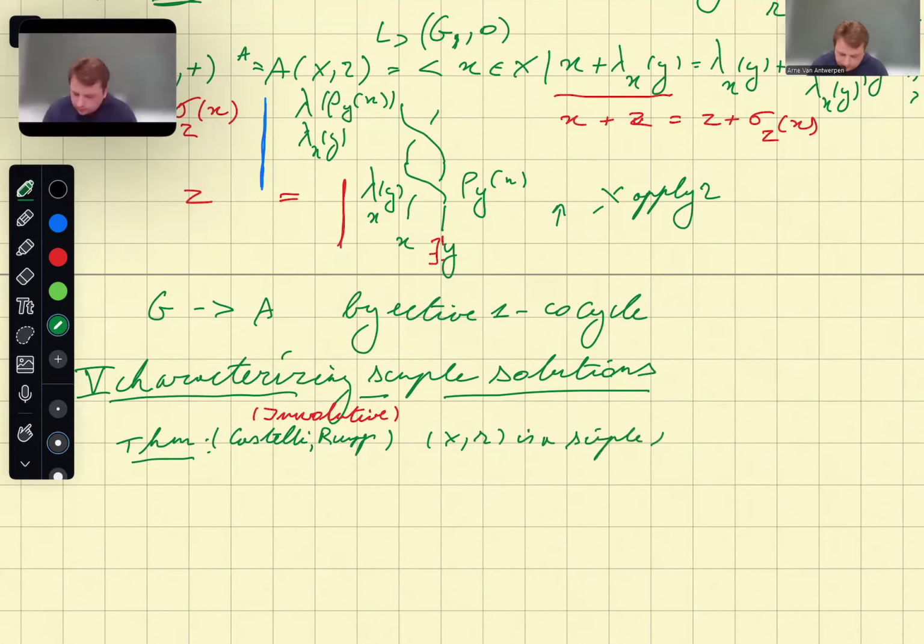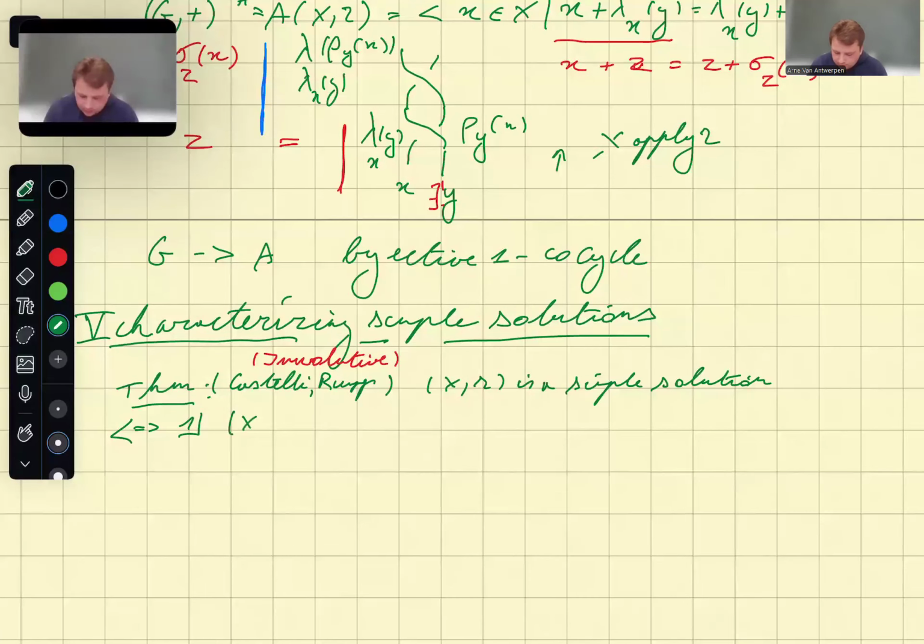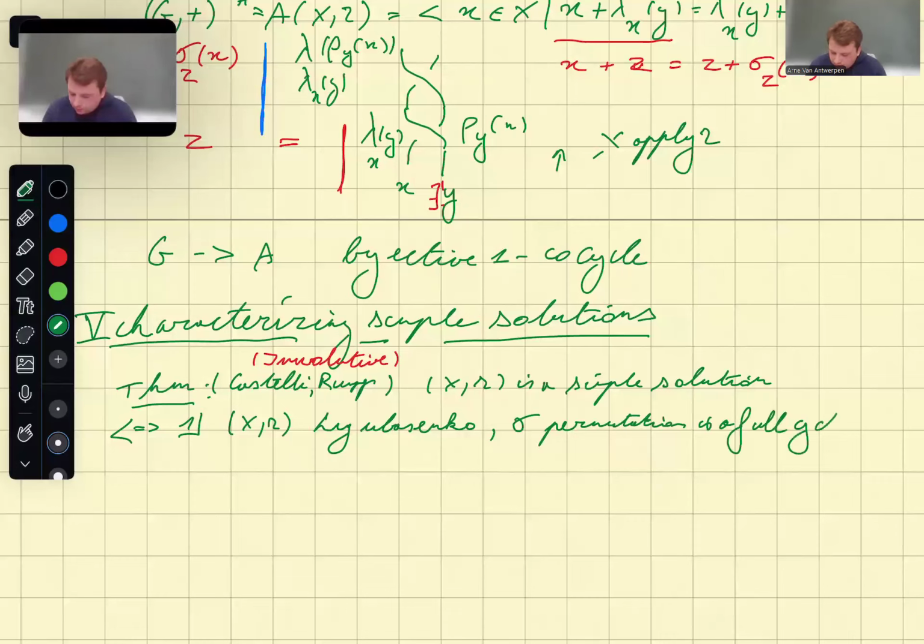well, it's first, X, r can be Lyubashenko, where you work with a sigma, your permutation, that is a full cycle of prime n.